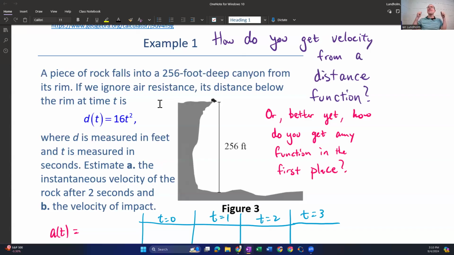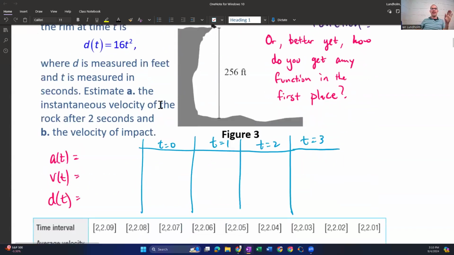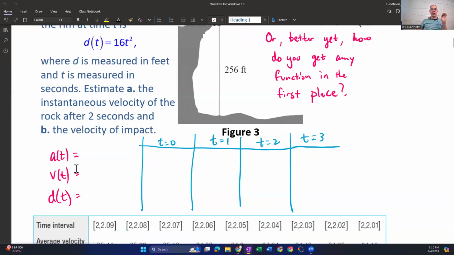Well, there is a calculus way that an acceleration function, a velocity function, and a distance function or position function are related in calculus. Because each one of these things ends up being the rate of change of the other.